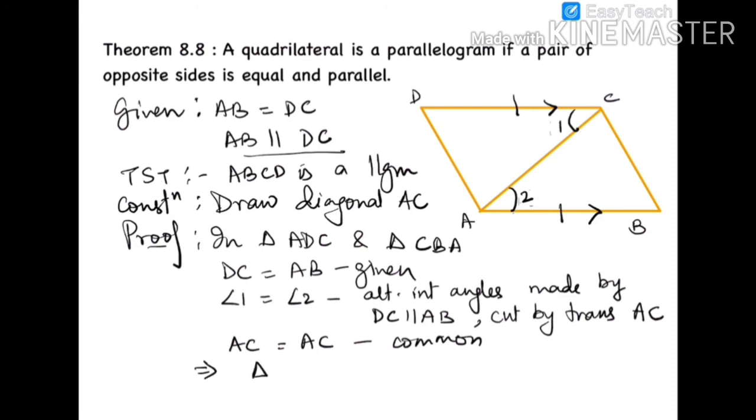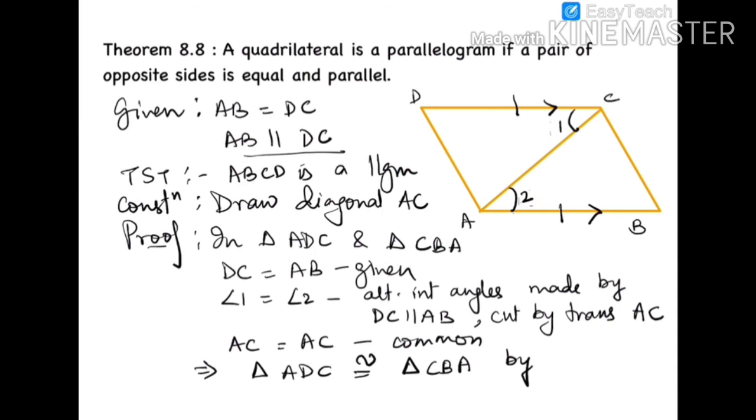So now we can write triangle ADC congruent to triangle CBA. And what is the criteria? We have two sides and an included angle of one triangle equal to the corresponding two sides and an included angle of the other triangle.